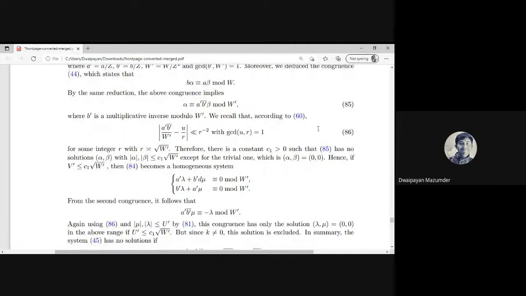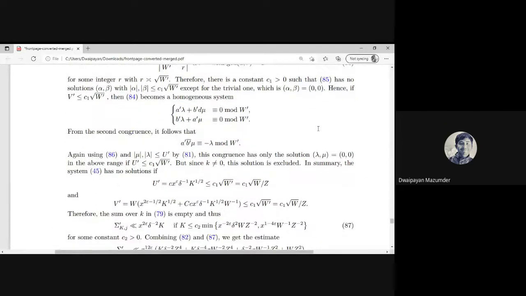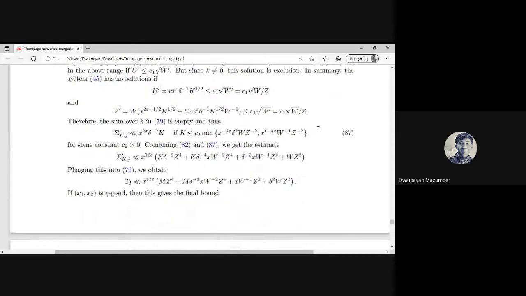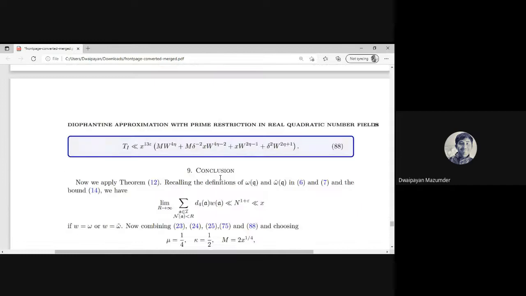The same approximation has been used, and we will exclude the small k, and then we come back to this d of I and that x to the power 13 epsilon, and this one for eta. Good, and this gives a final bound like 88. Okay.